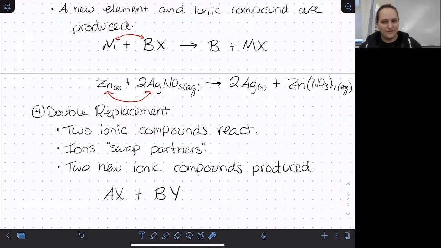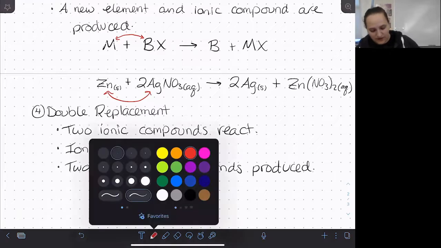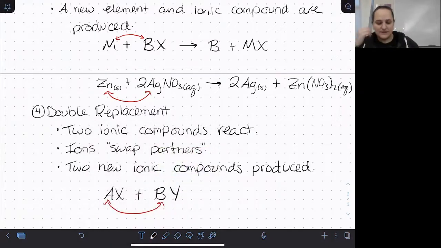So there's only one valid way to switch things around. If I'm going to take the cation out of this formula and trade it in for something else, I have to trade a cation for another cation. I can't end up with two anions paired together because two negatively charged things would repel one another, which is no good. So I usually think of it as my cations swapping places.